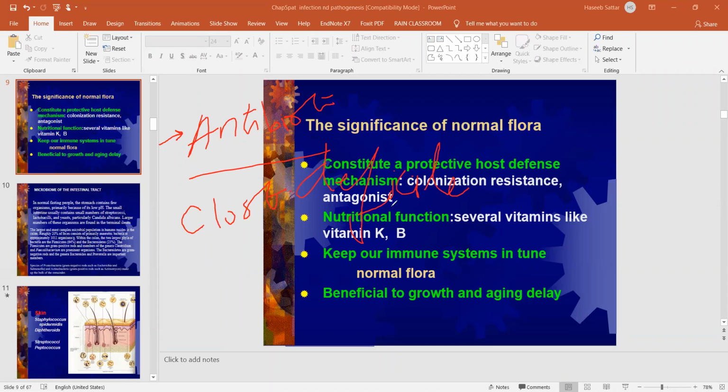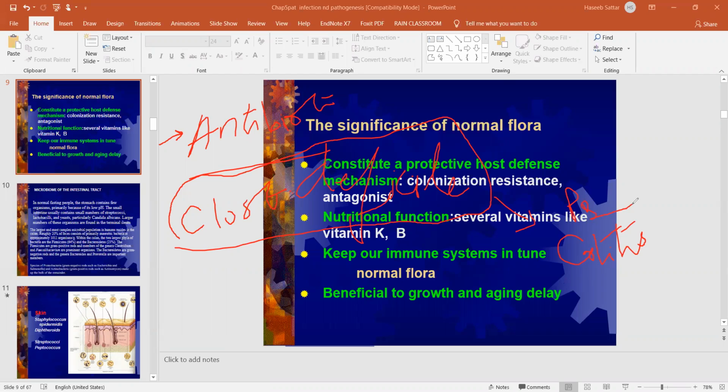Clostridium difficile is a very resistant bacteria which causes colitis, that is, pseudomembranous colitis.